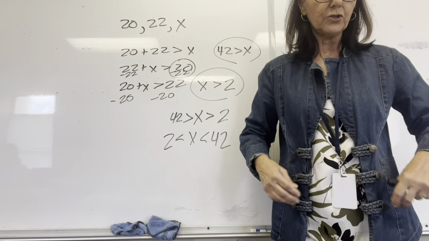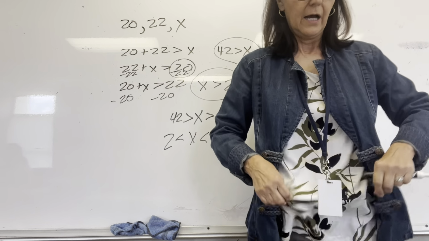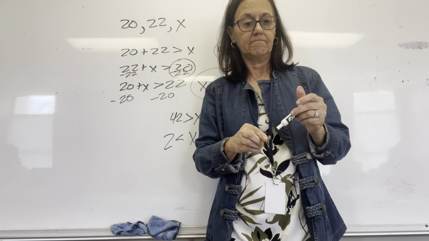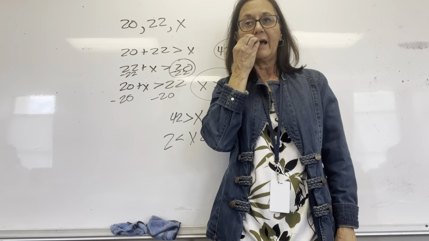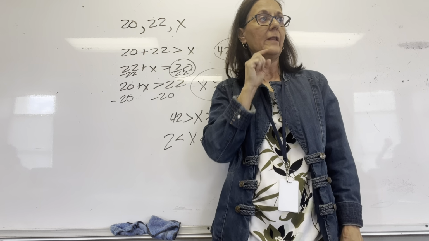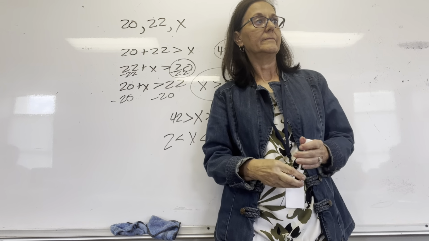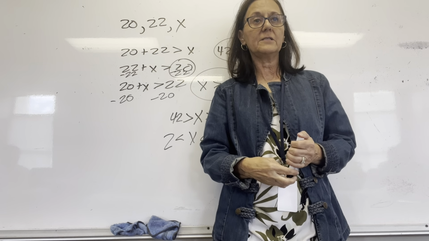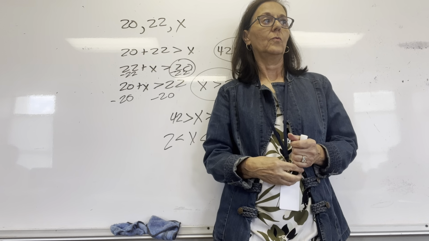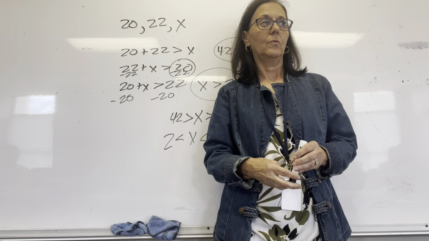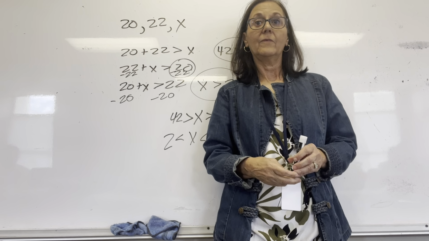Okay, tell me what you know about an equilateral triangle. What do you know about an equilateral, David? All angles and sides are equal. No, listen to what I said. Equilateral. What is it, Hannah?